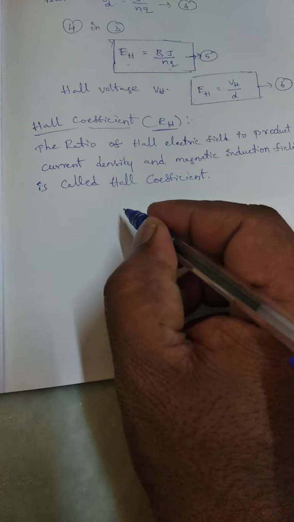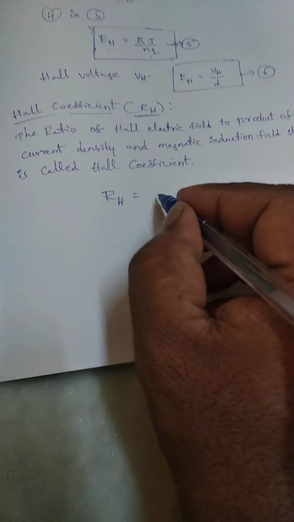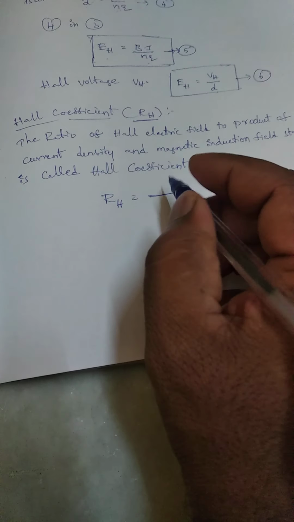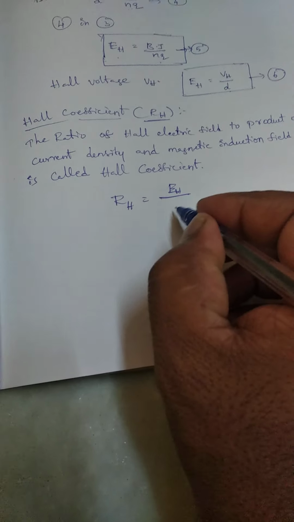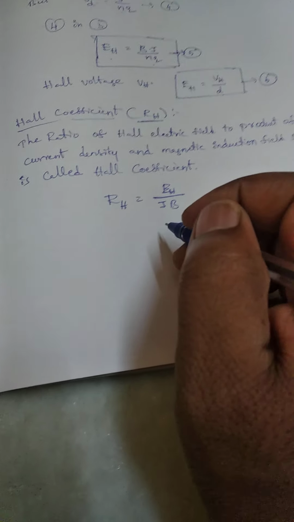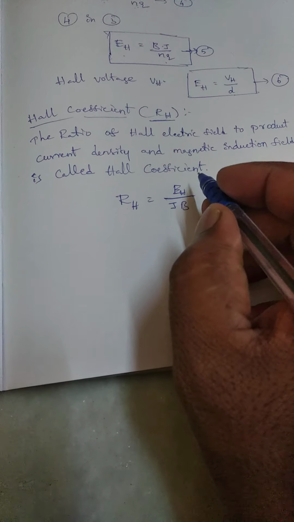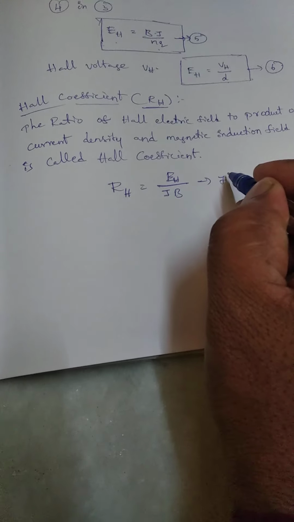According to the definition, RH is equal to the ratio of the Hall electric field to the product of current density and magnetic induction field strength. RH is equal to EH by JB. This is equation 7.